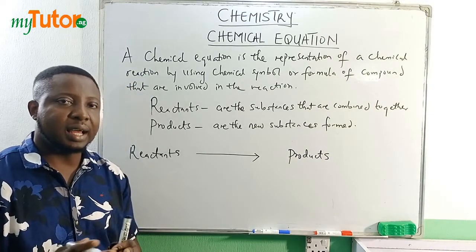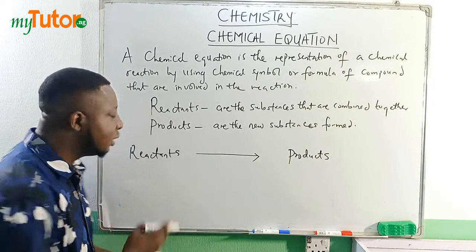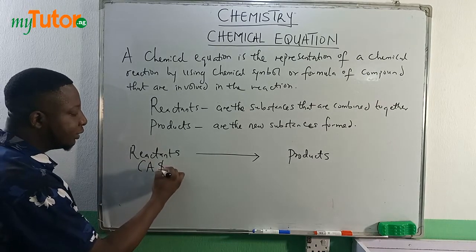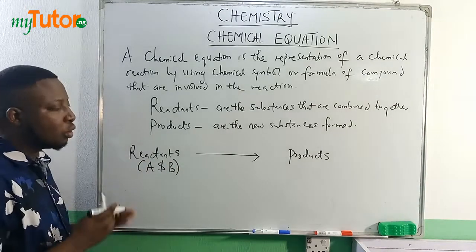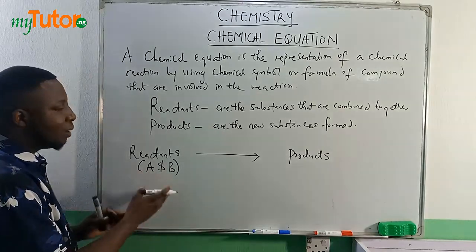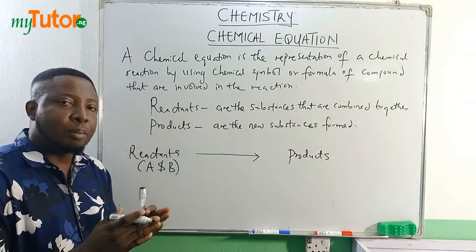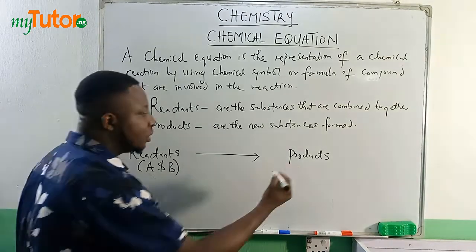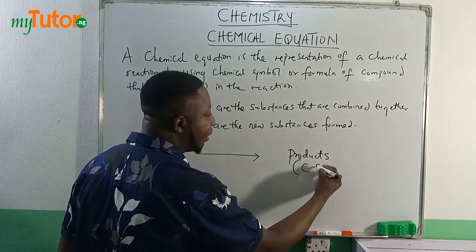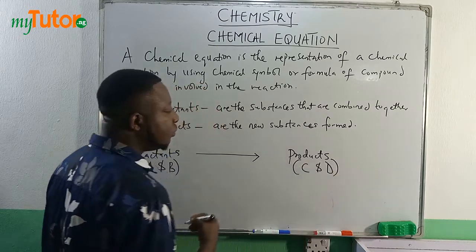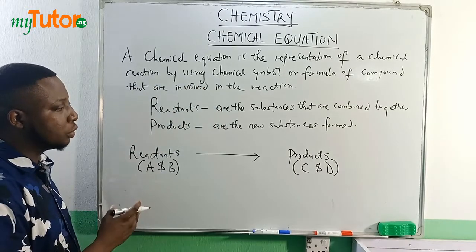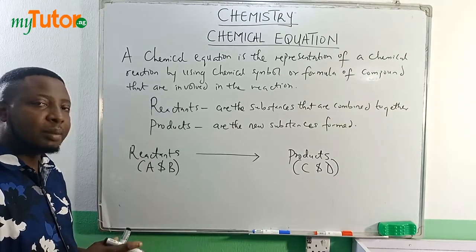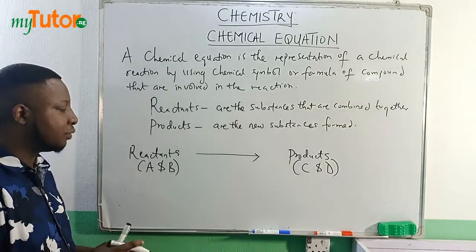So let's consider a reaction in which the reactants are reactant A and reactant B. So we have two reactants, A and B, which combine together to form two products, which are product C and product D. To represent this reaction, we will make use of a chemical equation, which is written in this form.